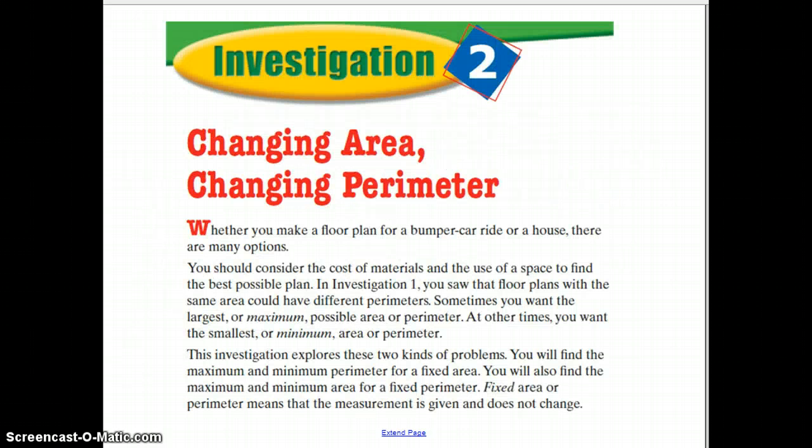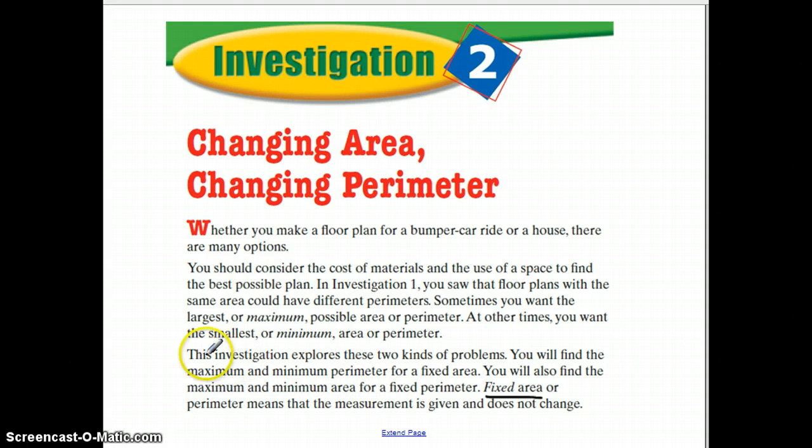Alright, now changing area and changing perimeter is the introduction to all of Investigation 2. We are just going to be covering fixed areas today, but we'll be eventually going to a fixed perimeter in the future. So we're probably wondering what a fixed area is. Well, I'm just going to read this.